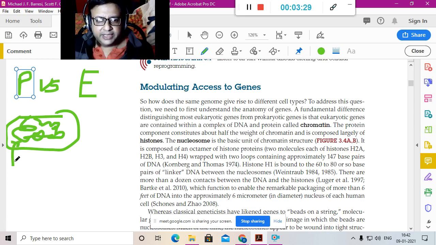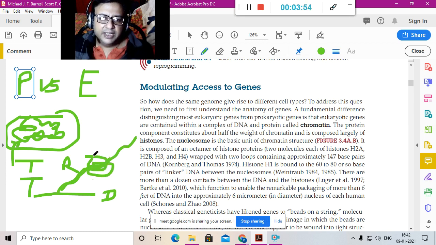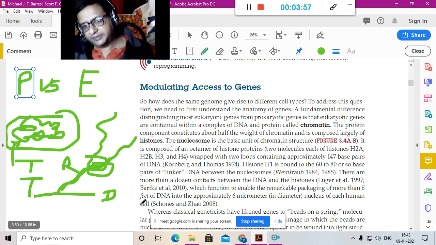One more thing is that transcription and translation are closely coupled. That is, from this DNA strand, this mRNA is being made over here, and while this is made, ribosomes bind over here and they make the proteins.